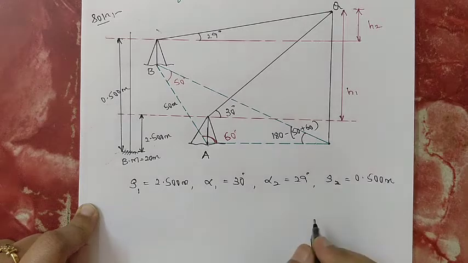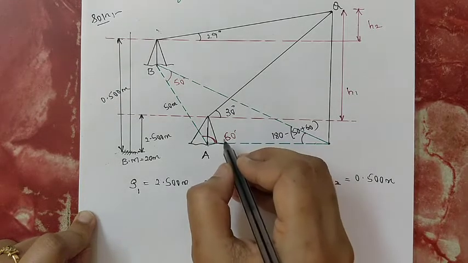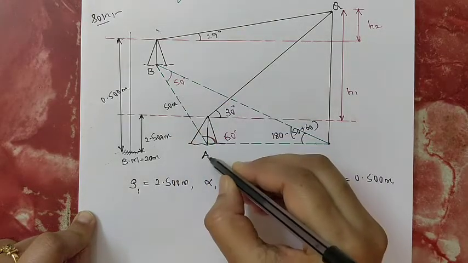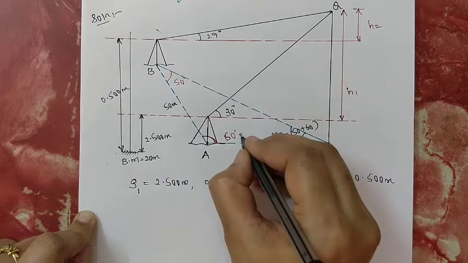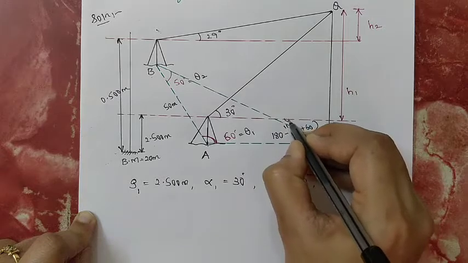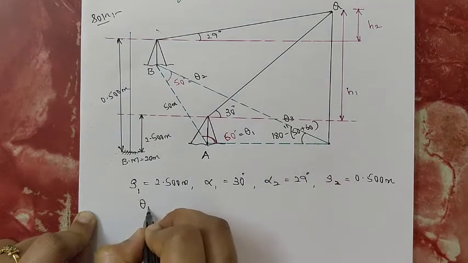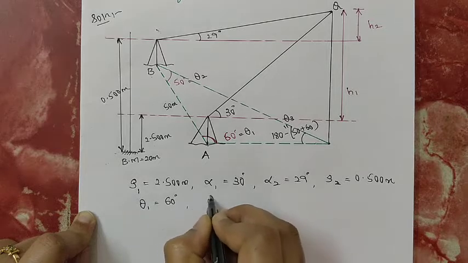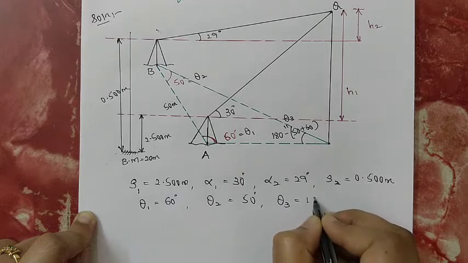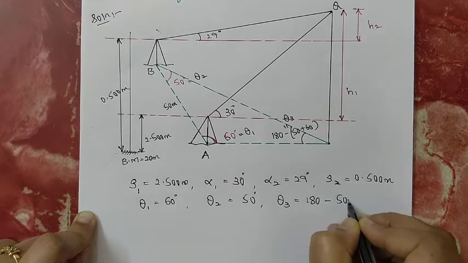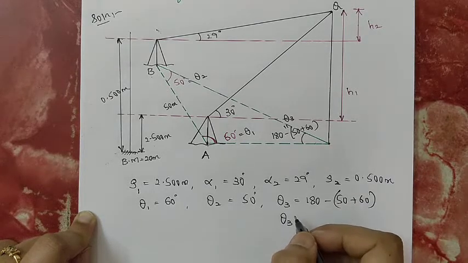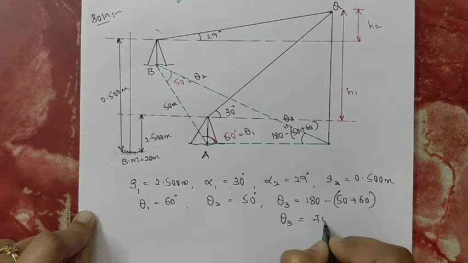Then that is angle BAC. Call this theta 1 and this theta 2 and this angle theta 3. Then theta 1 will be equal to 60 degree, theta 2 will be equal to 50 degree, and theta 3 will be equal to 180 minus of 50 plus 60. Then you will get theta 3 as 70 degree.